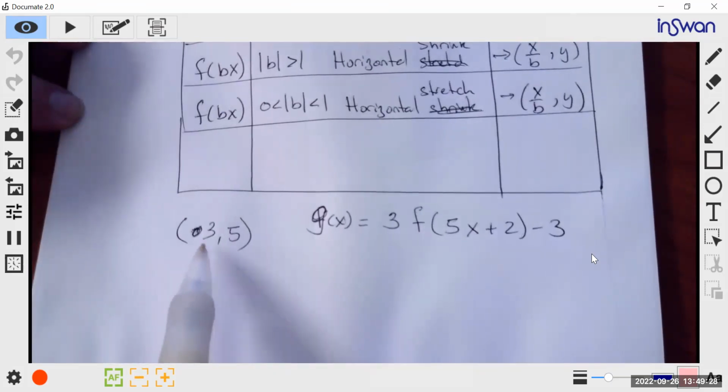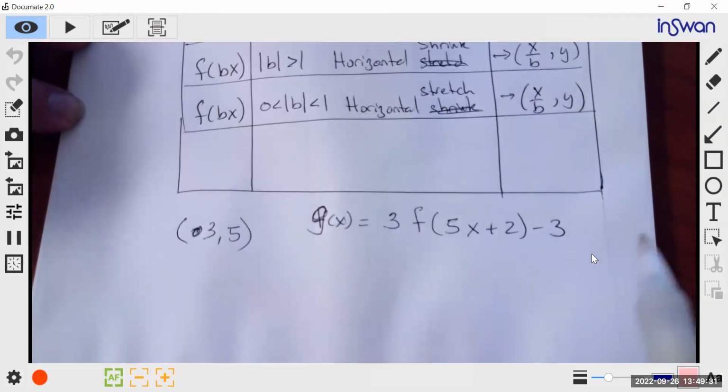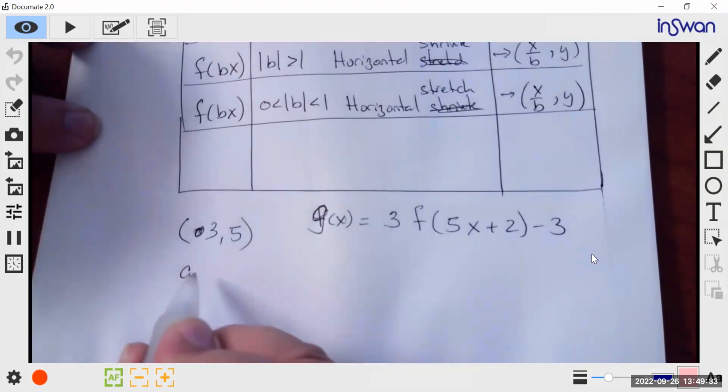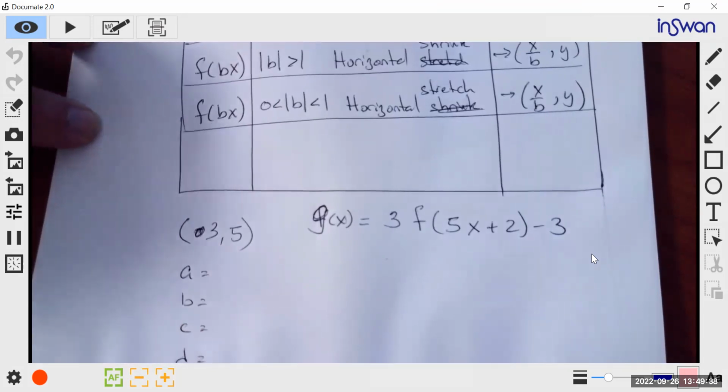Here's your point. Here's your function. What you have to do is label what is A, what is B, what is C, and what is D.